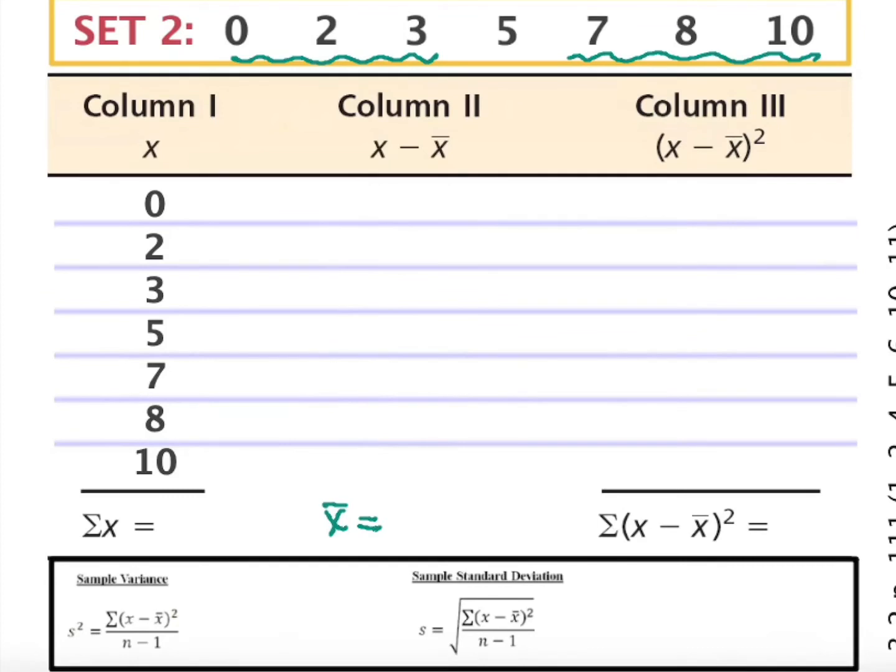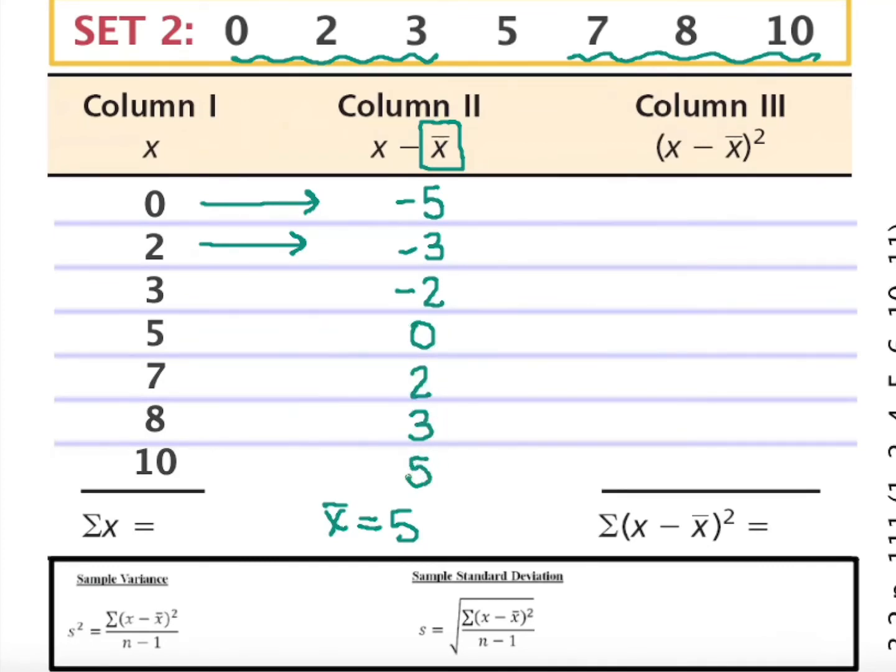Remember again, the average for this set, the mean for this set was 5. So when I'm going from column 1 to column 2, I'm just going to be subtracting that mean. I'm going to be subtracting 5. Now going to column 3, I'll just be squaring each of those numbers.